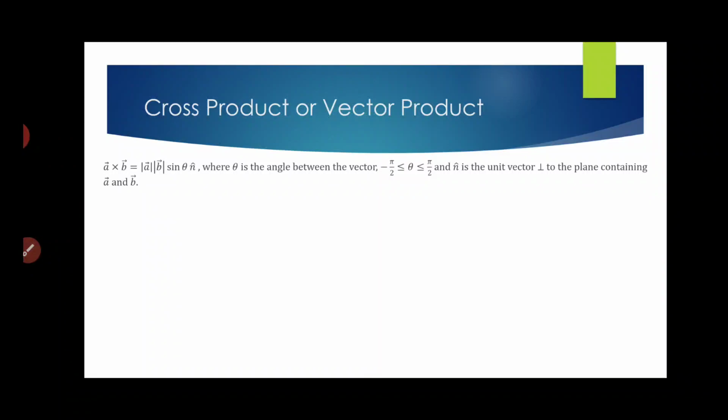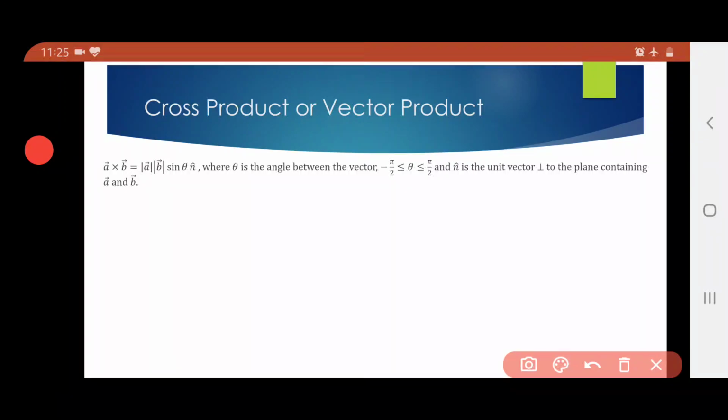So the cross product of A and B is defined by mod A mod B sine theta into n cap, where obviously theta is the angle between the two vectors, but here in this case the theta angle is between minus pi by 2 and plus pi by 2, and the n cap vector is nothing but the unit vector perpendicular to the plane containing A and B. So basically what does A cross B represent?